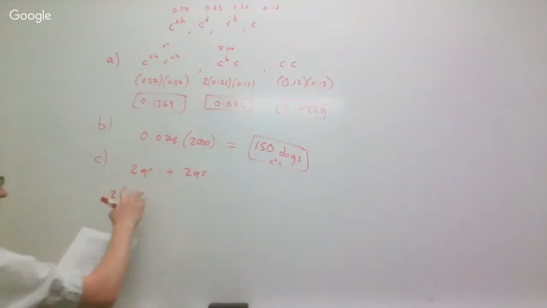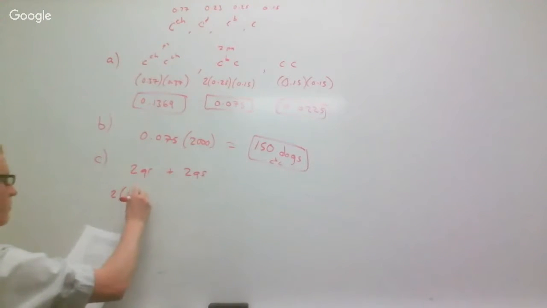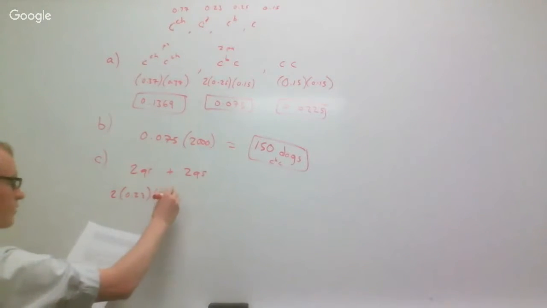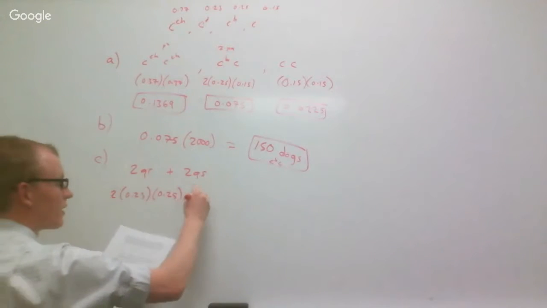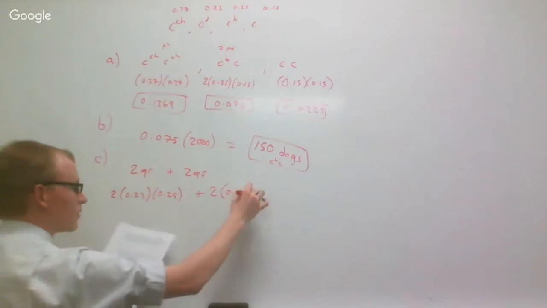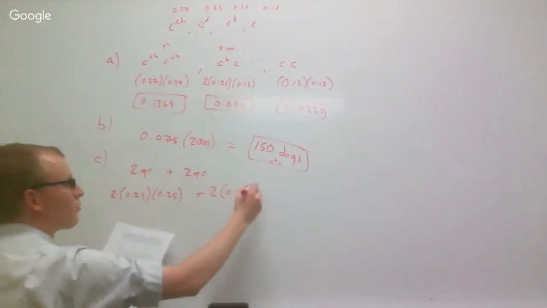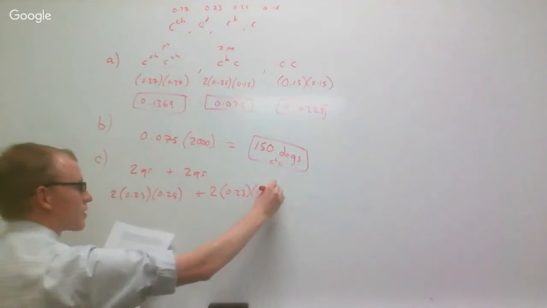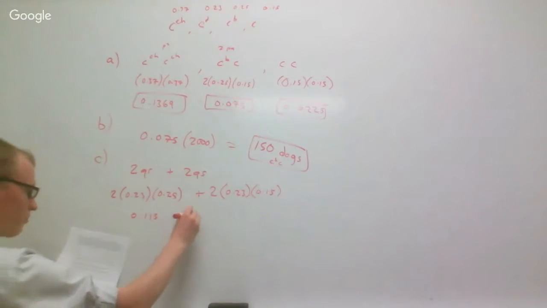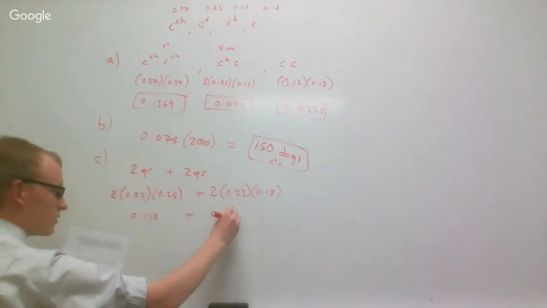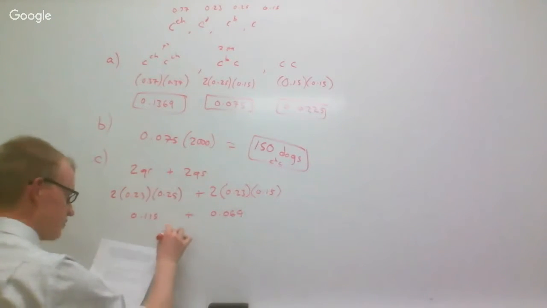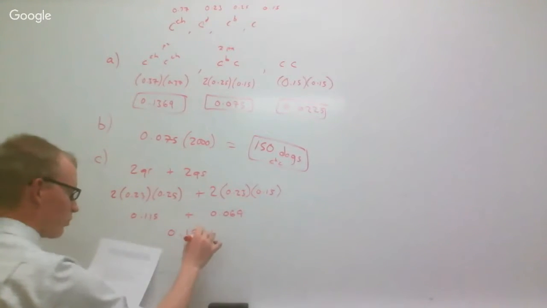So 2 times the frequency of 0.23, that's for the dark eyes, multiplied by 0.25 for the pale gray. 2 times the same dark eyes frequency times the albino, that's our 0.15. A little bit of math, 0.115 plus 0.069 gives us a total of 0.184 for our frequency.